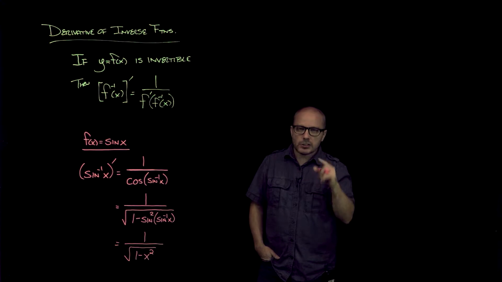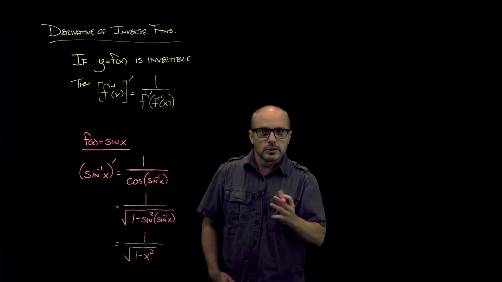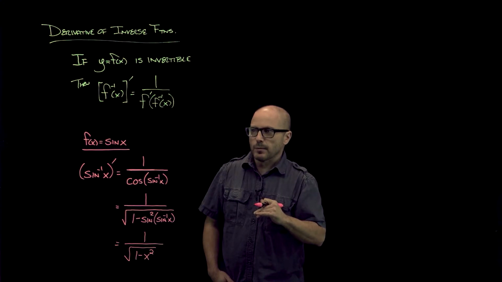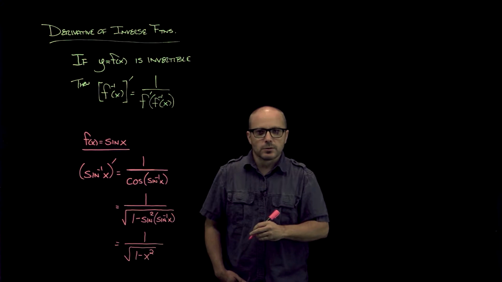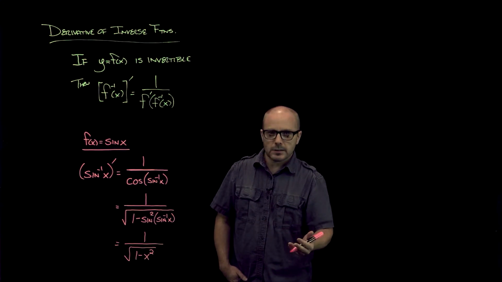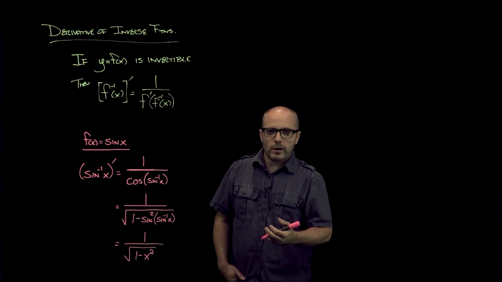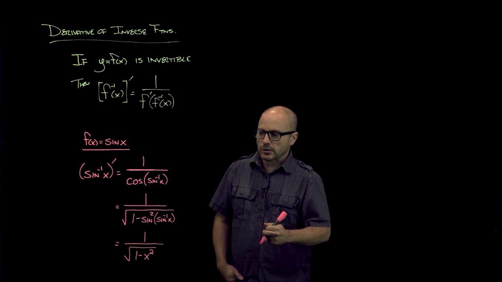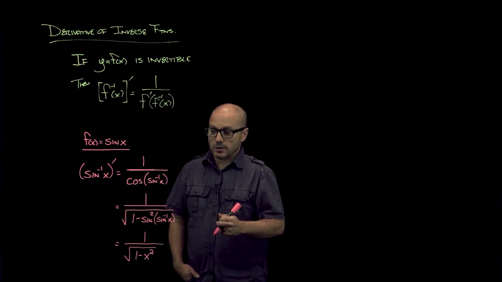Now, I cheated a little bit here. When I did this square root, technically we should have plus or minus, right? From the Pythagorean identity, when I solved it for cosine, it should be plus or minus that square root. So why did I just ignore the minus? Well, I need to think about where we are actually at on the sine function and what that means about the sine inverse.